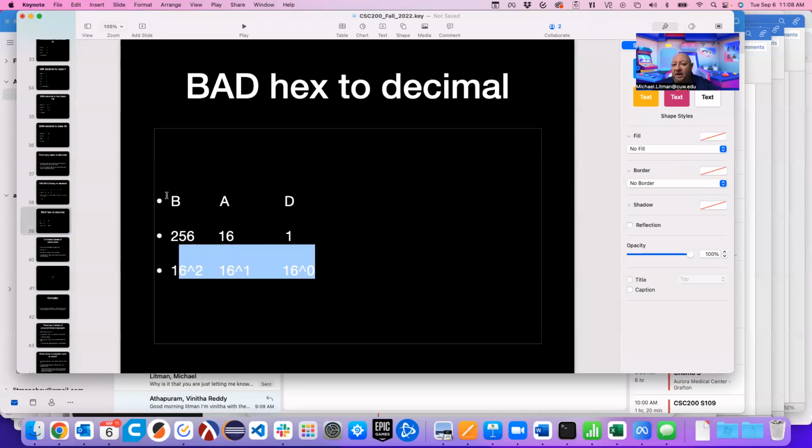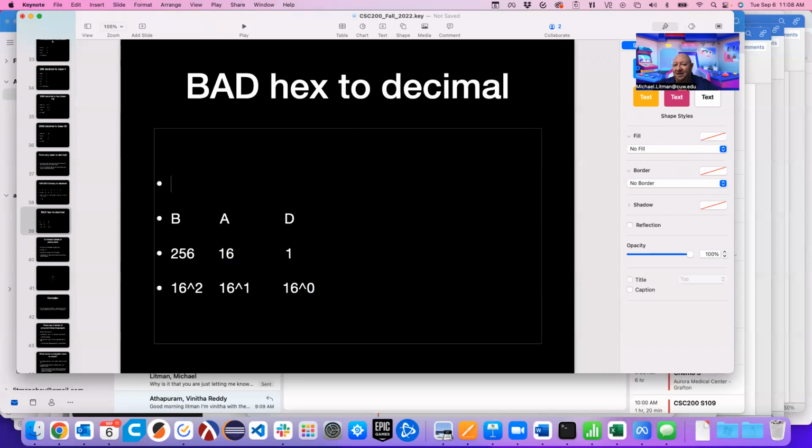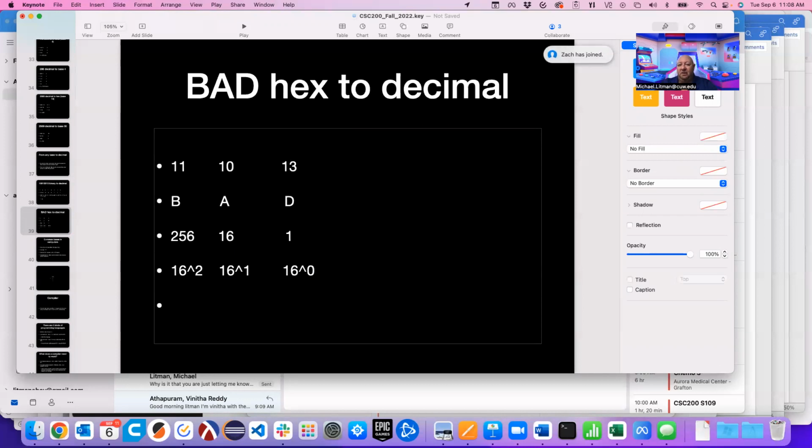Okay. Now we need to remind ourselves, though, that a B is an 11, an A is a 10, and a D is a 13. So this is going to be 256 times 11 plus 16 times 10 plus 1 times 13.